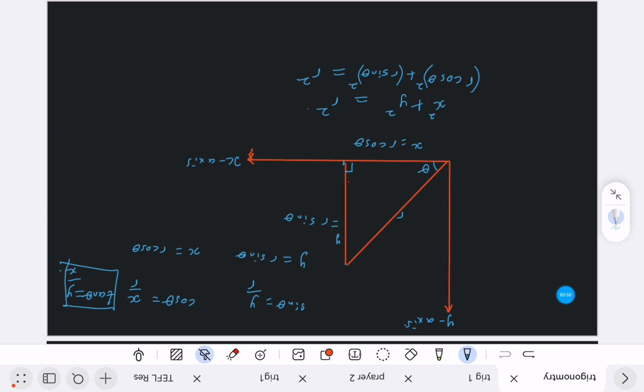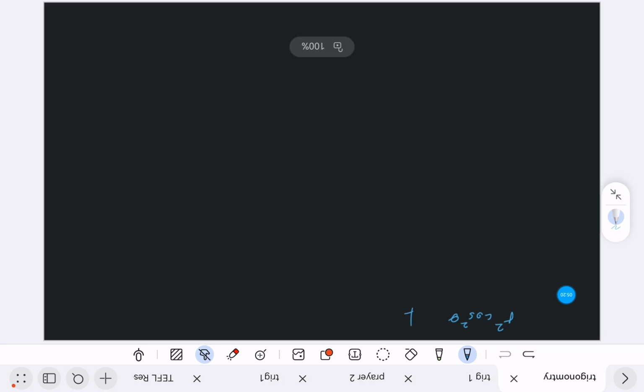so we square everything, and that's why here we have r squared. Okay, so let's see what this turns out to be. And so we have r squared cos squared theta plus r squared sin squared theta is equal to r squared. Okay, so let's try and factorize out the r.